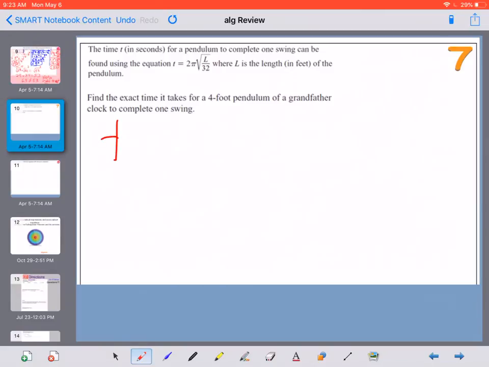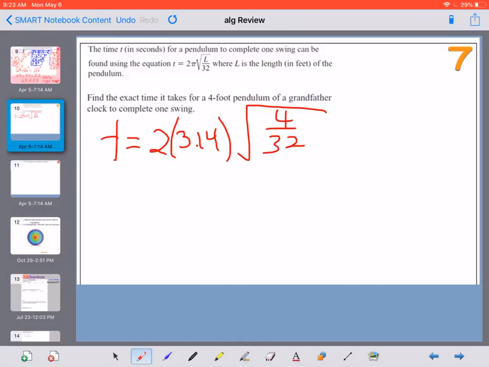So what we'll have then is t equals 2 times, now I'm going to use 3.14 for pi, times the square root of 4 divided by 32. So 4 divided by 32, that's going to give me 1 over 8.